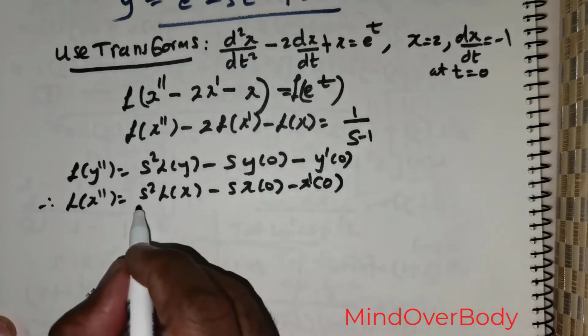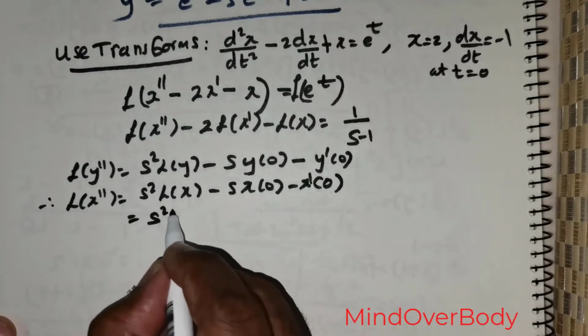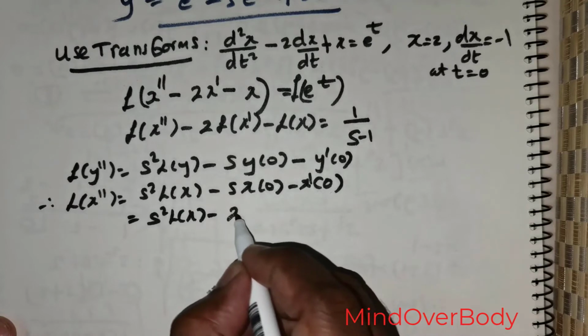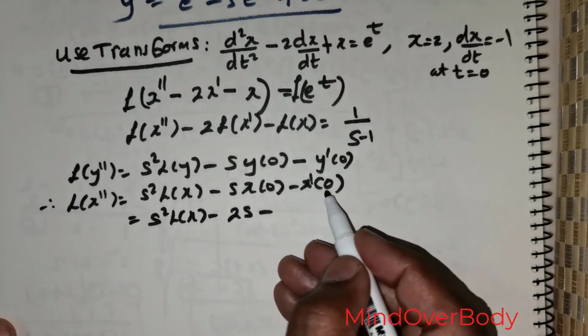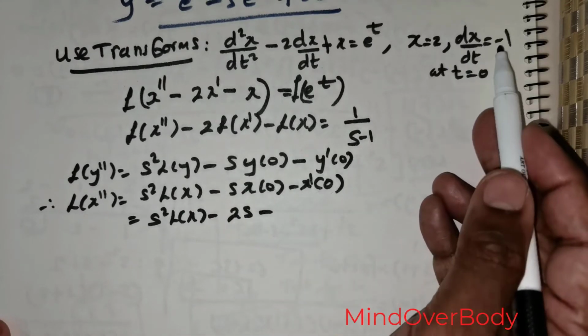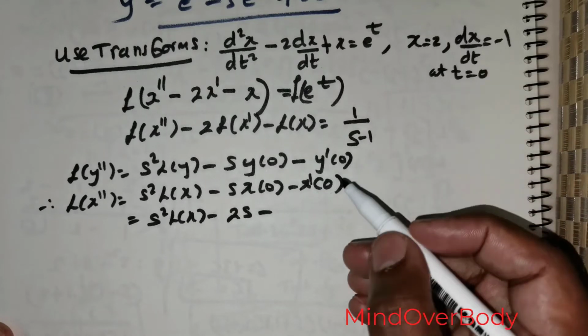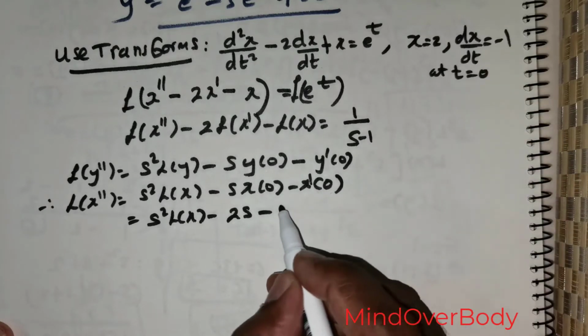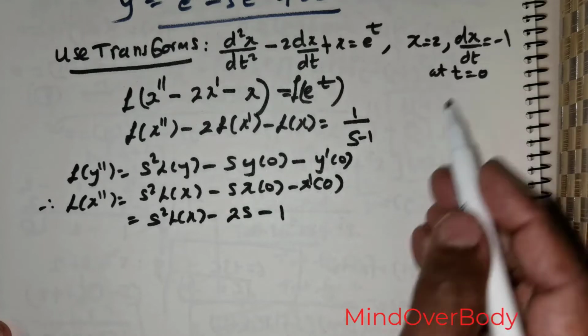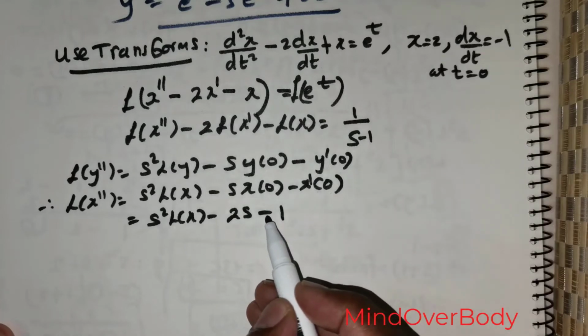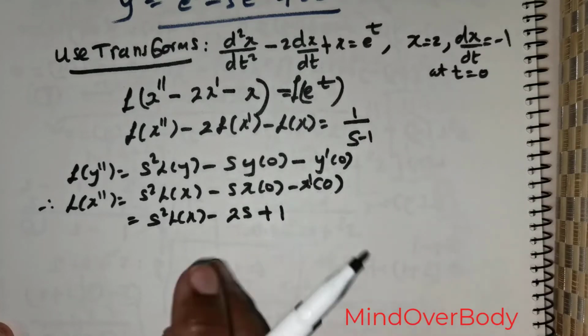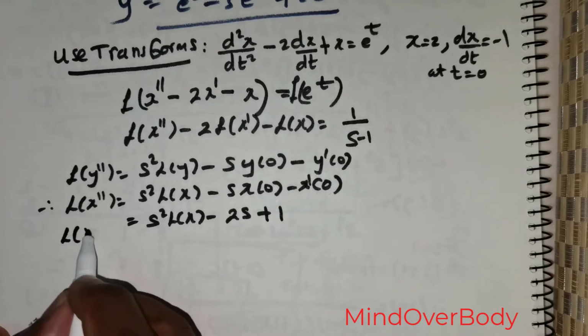So this is going to be 2. So this can be rewritten as s squared L of x negative 2 times s x dash of 0. You can clearly see dx over dt is equal to negative 1. So what you can do is you can substitute the value of negative 1. So that means this is going to become positive. So this is what we have got for L of x double dash.